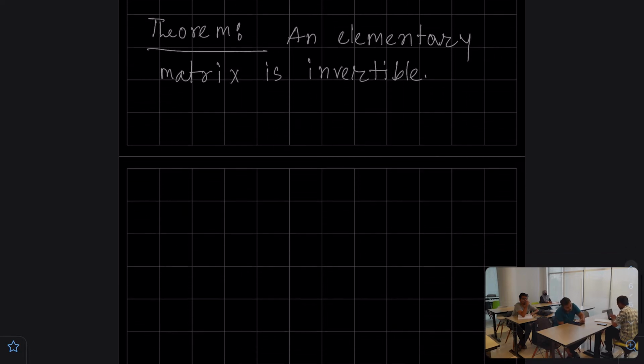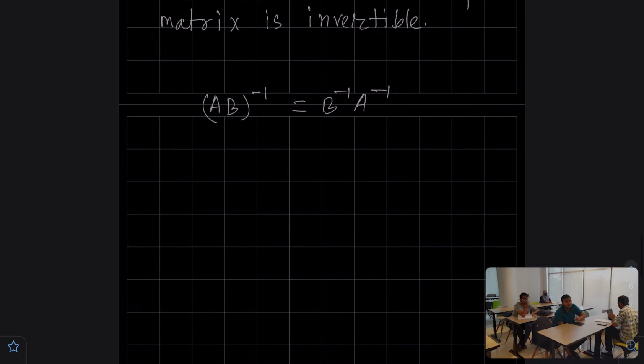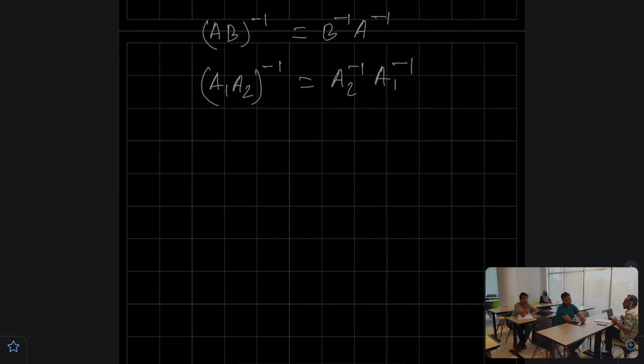So the idea is, we already saw that (AB) inverse is equal to what? B inverse A inverse, right? So just take it this way: A1, A2, then A2 inverse, A1 inverse, right? Now I can apply the induction method here, right?